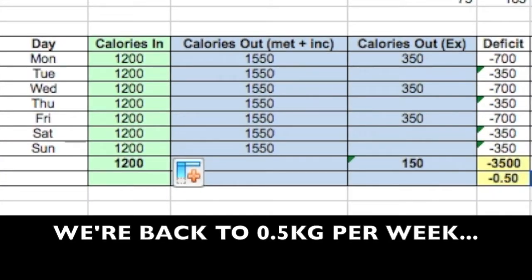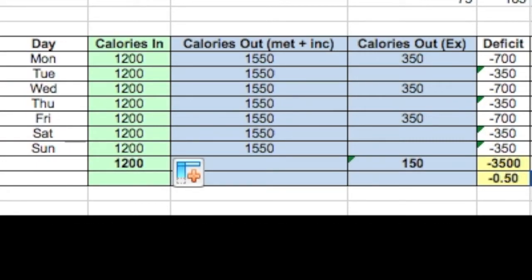So half a kilo a week is really good. That is something which we should all be aiming for. But as you can see here, 1,200 calories to stick to consistently for an extended period of time is not easy to do. That is not easy to do. 3 sessions a week of exercise, yeah, that's pretty standard. I think that's pretty manageable, and not doing too much incidental activity throughout the week is probably what most of us do.